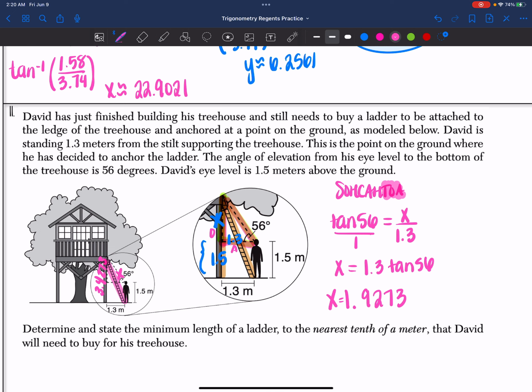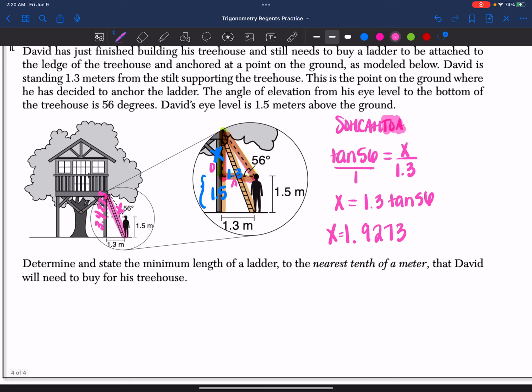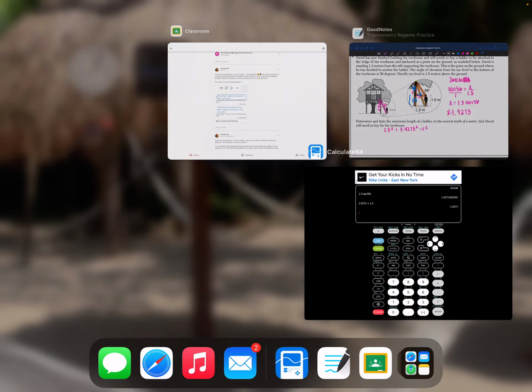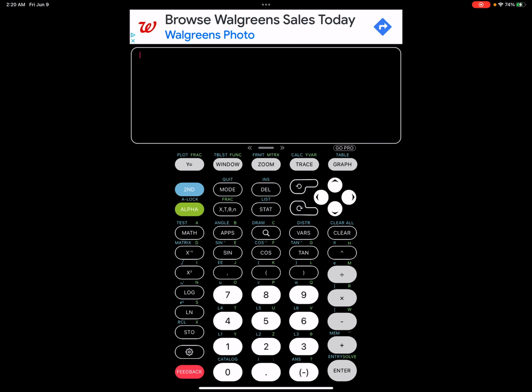And because this is a right triangle, because I know that David is creating this ladder that is perpendicular to the ground, he's not creating the Leaning Tower of Pisa, I can go ahead and use Pythagorean theorem to say that 1.3 squared plus 3.4273 squared is equal to c squared. And I don't know what this is, and I don't really care, so I'm going to put it in my calculator. I'm just going to use my parentheses because it's going to make it nice for me.